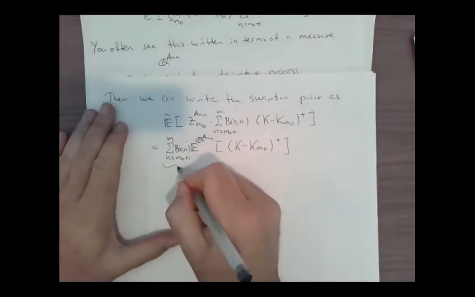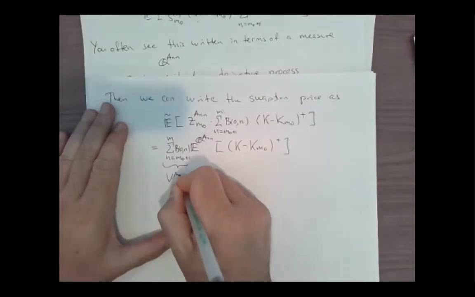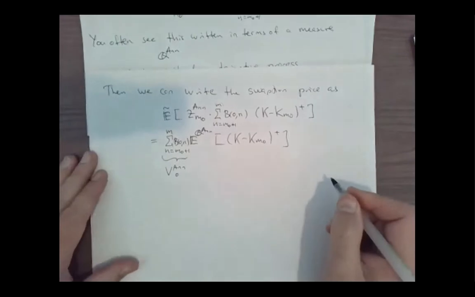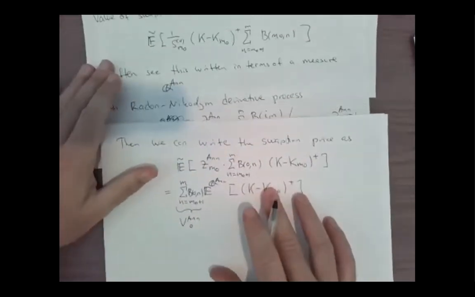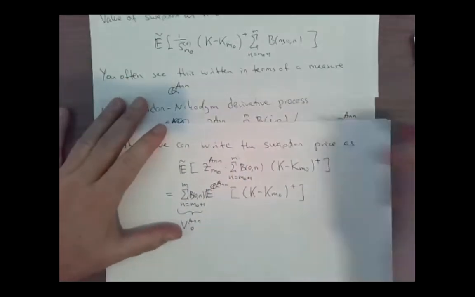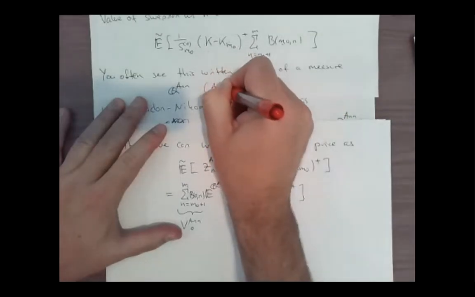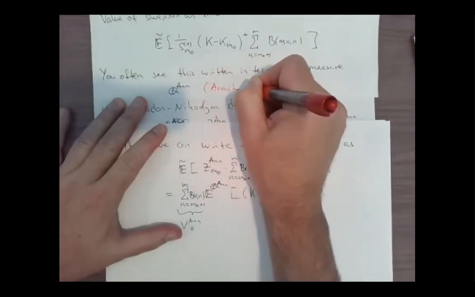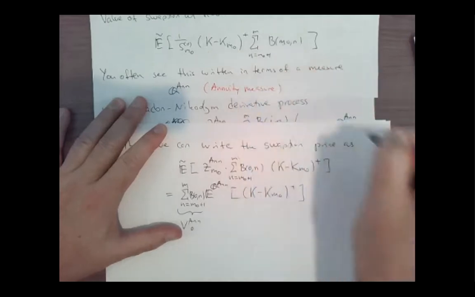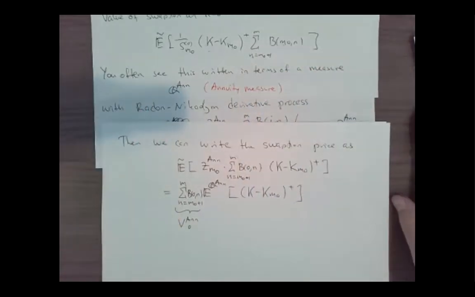What you have here is V_0, the value of the annuity at time 0. And this measure here is called the annuity measure. So you'll often see swaptions being written in terms of the annuity measure.